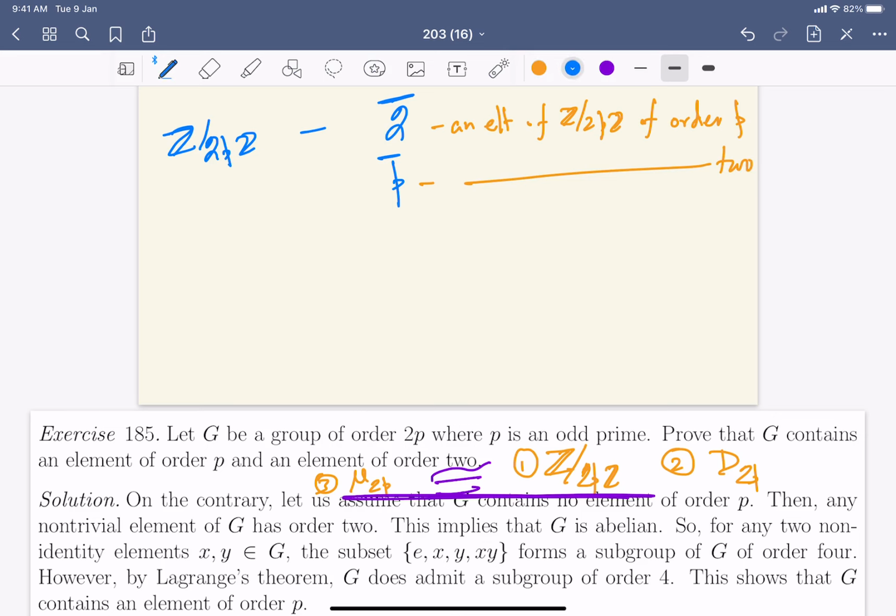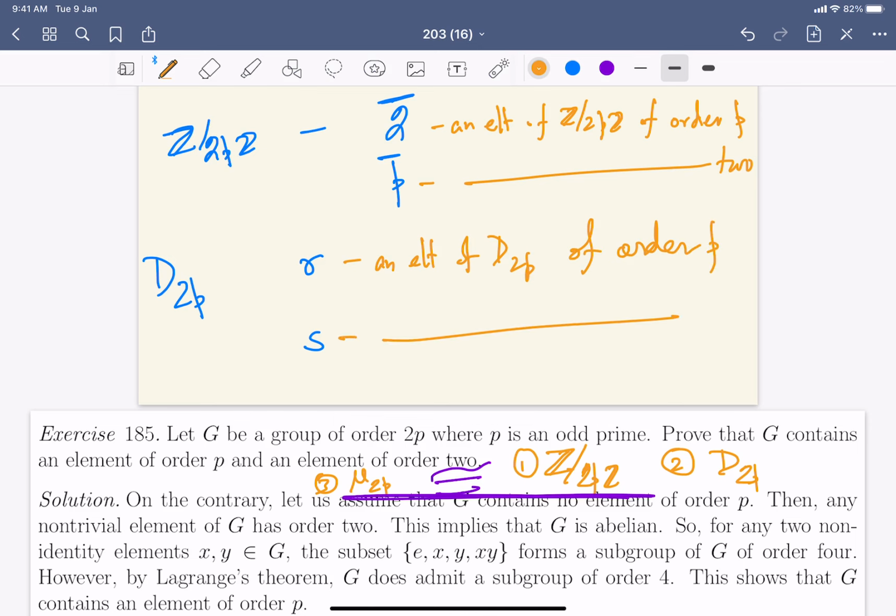And now if you look at the dihedral group D2p, and there the elements r and s, then as you know by now, r is an element of the dihedral group of order p, and s is an element of order 2.